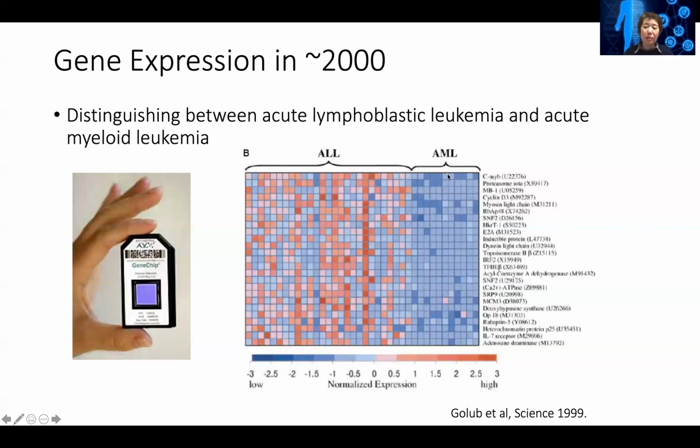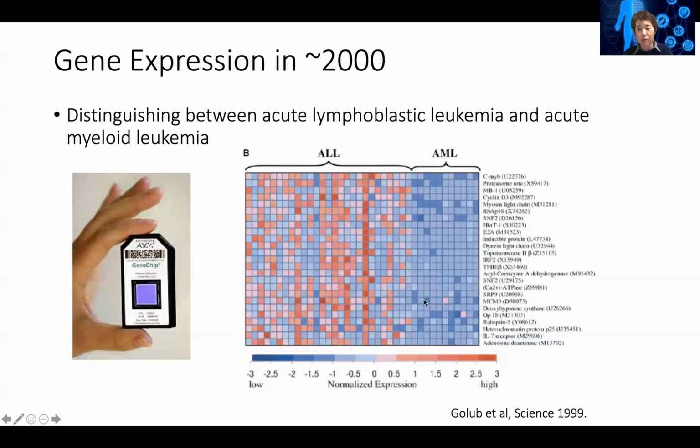These two types of leukemia look quite similar pathologically, so sometimes it's hard to distinguish them for diagnosis. However, the treatment and outcome could be different. Therefore, reaching a correct diagnosis is quite important for treatment and for the patient. In this study, Todd Golub and his colleagues collected a number of ALL patient samples and AML patient samples.